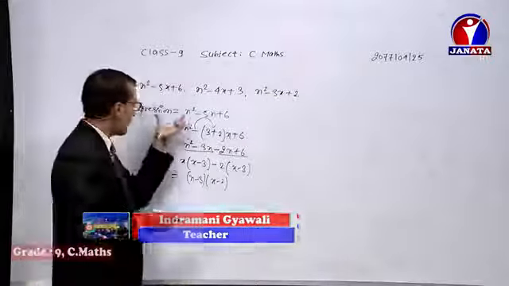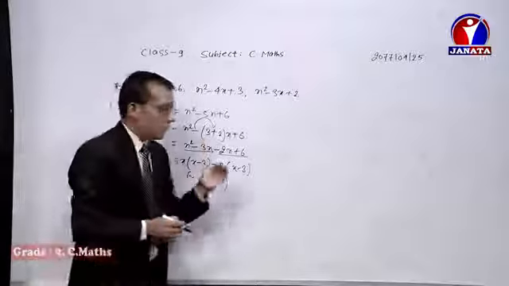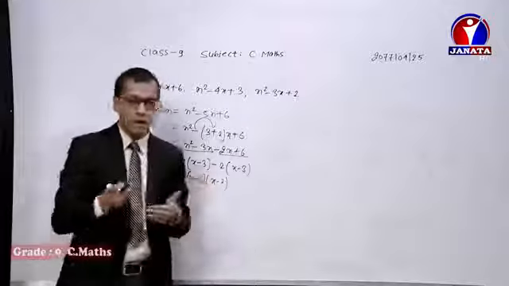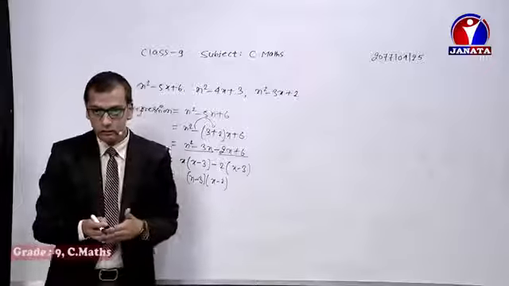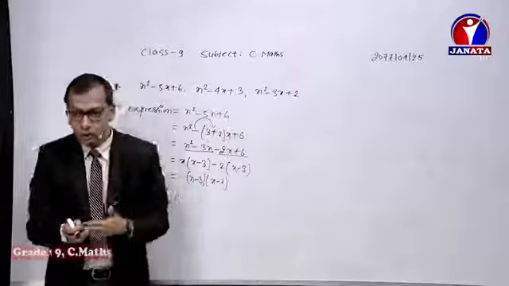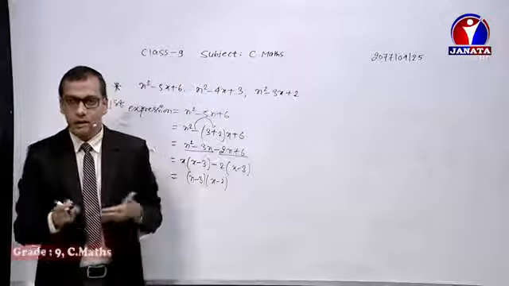Then for HCF, we can simply pick out the common factors, and for LCM, we take common factors and remaining factors, and then we will find the product. So let's complete this question. This is for you. Let's factorize these two expressions and find HCF and LCM.